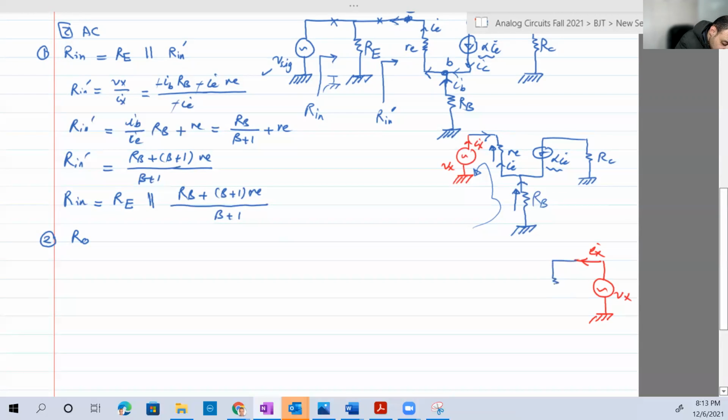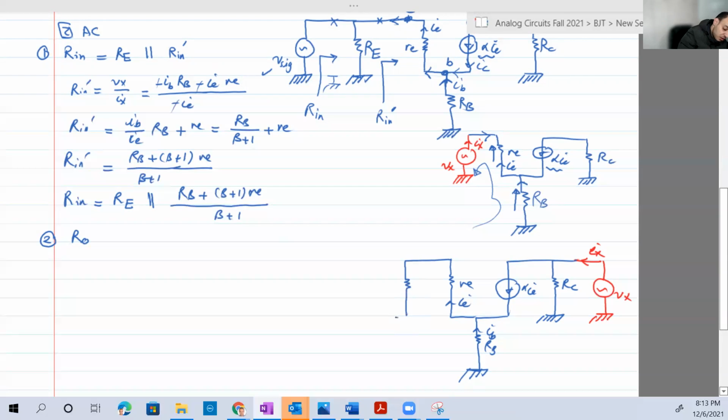So we have RC here, no change. We have the alpha E, no change, or IC, call it whatever. RB, no change. RE small, no change. IE, bottom up. Here is IB, bottom up. And now, when we cancel the source, we short it.